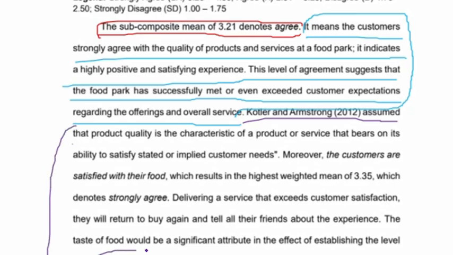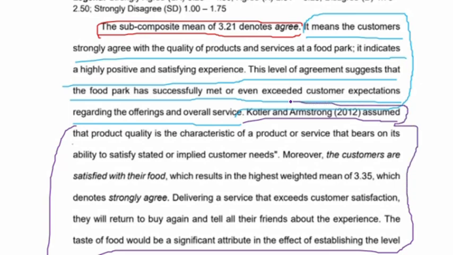These are the statements. So you read other related literature and other related studies that will support your claims or your interpretation.